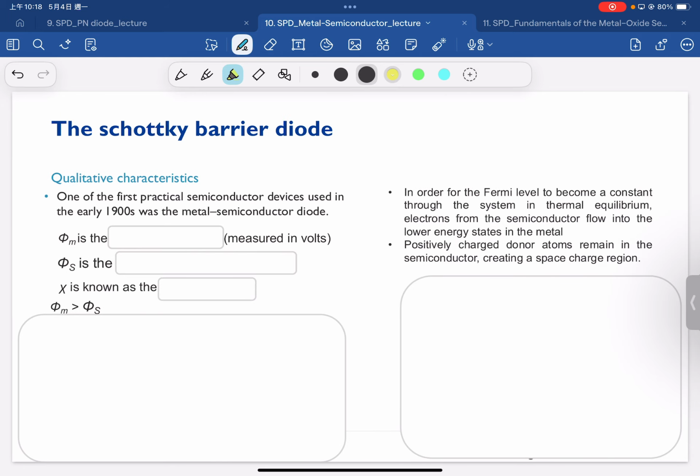So the first one is to understand the Schottky barrier diode. Why can this be considered a diode?